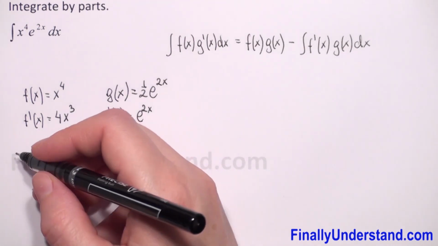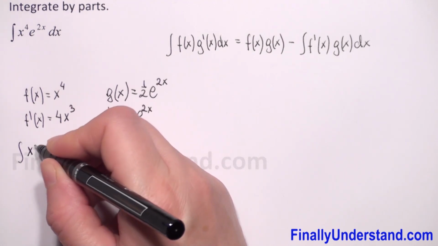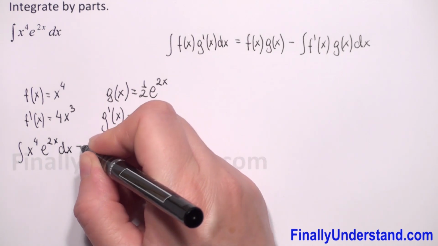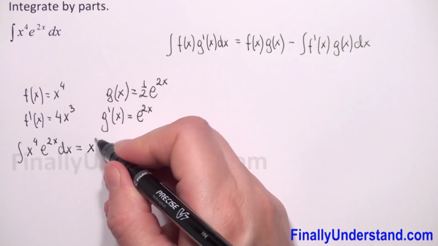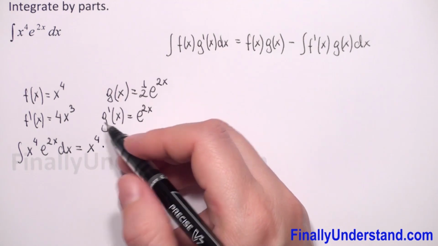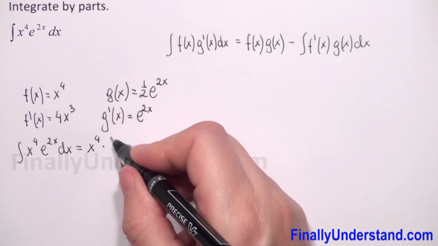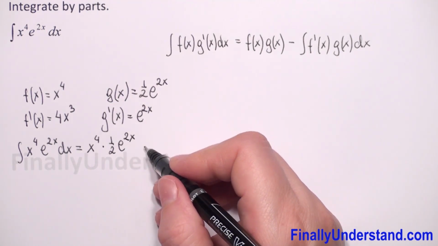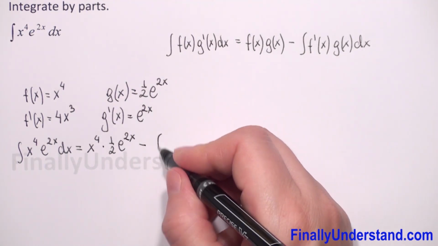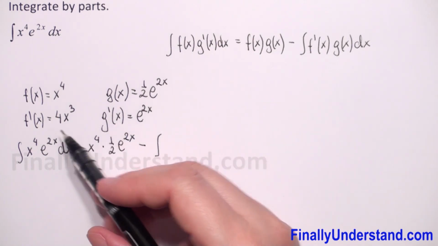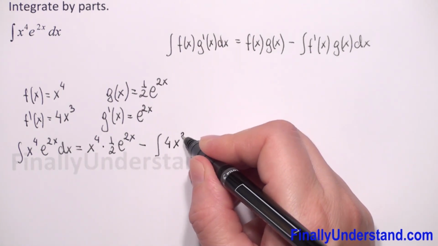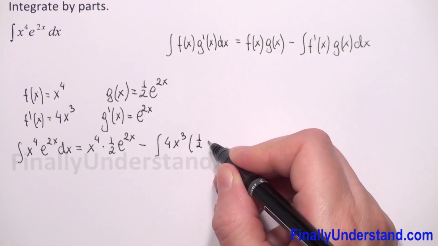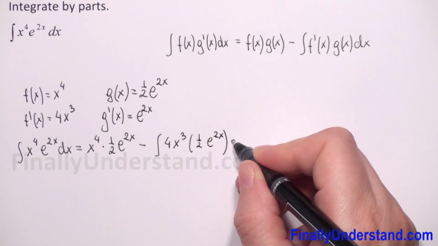Let me rewrite our integral of x to 4th power e to power 2x with respect to x. It is equal to x to 4th power times, f times g, so 1/2 e to power 2x, minus, and now we have the integral of f prime, which is 4x cubed, times g, which is 1/2 e to power 2x, dx.